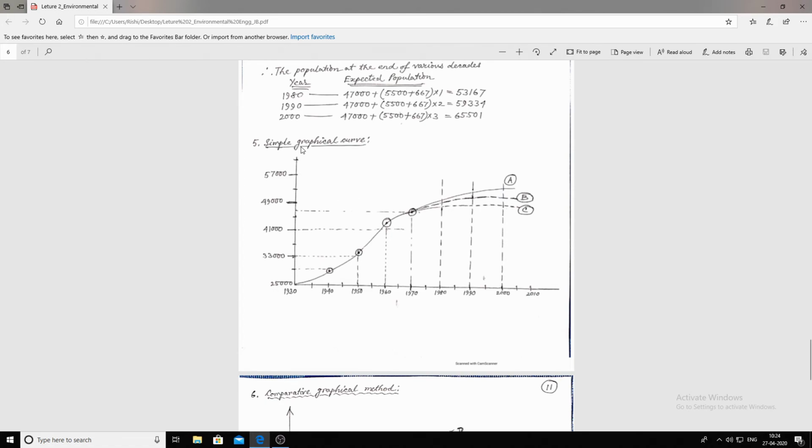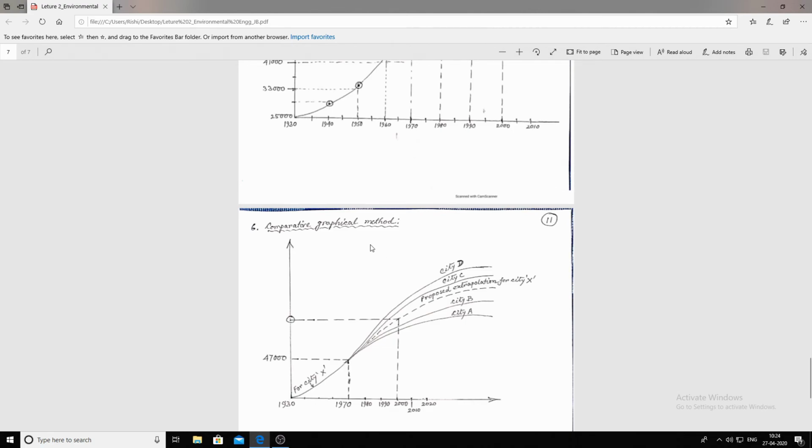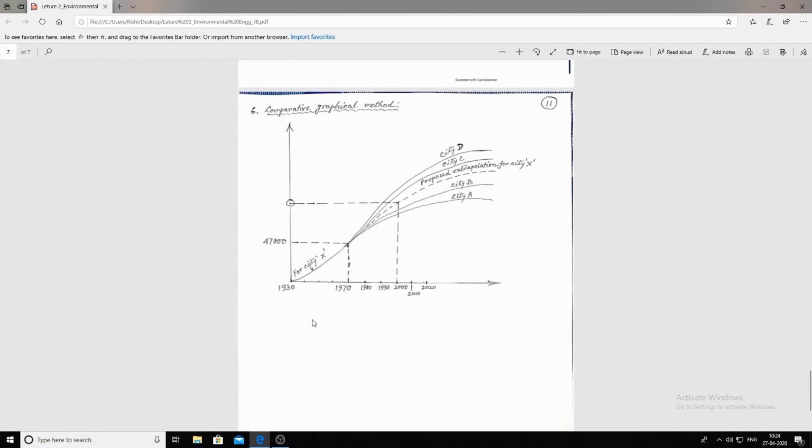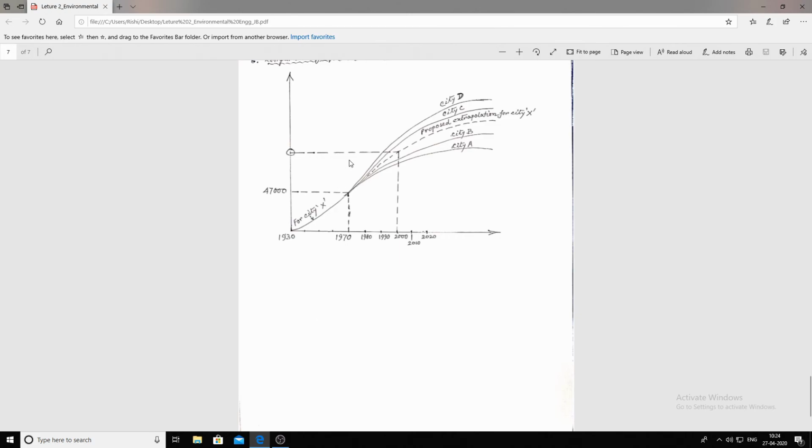So, the simple graphical curve method is an approximate method, and the next is the comparative graphical method. In this method we have to choose the curves of cities which are quite similar to the city under consideration. From the existing data I have plotted the curve from 1930 to 1970.